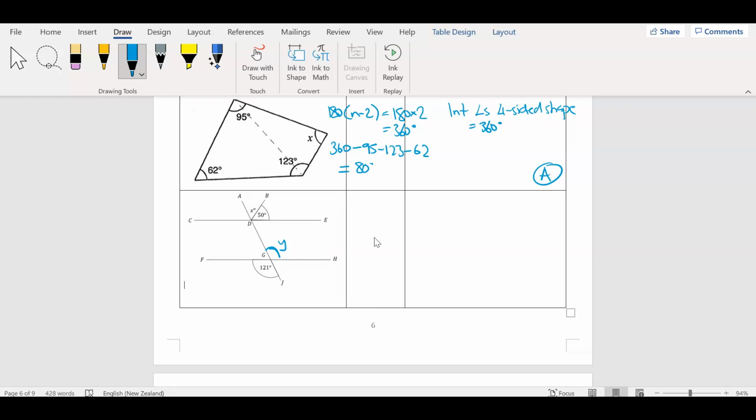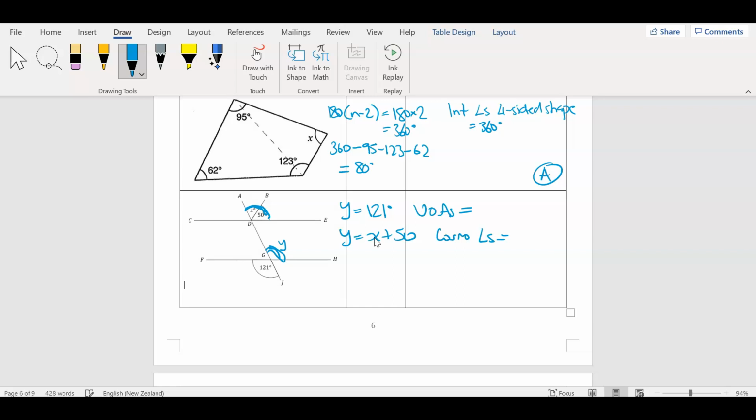So let's go through mine. I know that Y is equal to 121 degrees, and that's because vertically opposite angles are equal. And I now know that the angle up the top here, this big angle, corresponds to Y. So Y is going to be equal to X plus 50, because corresponding angles are equal.